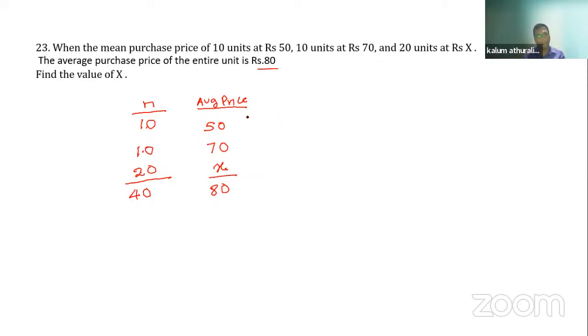Right. Then we can find the sigma X. How to find the average? Average X bar is total divided by number of data. Average is 50 for 10 data, so the total is 10 times 50, 500. 500 divided by 10 is 50.